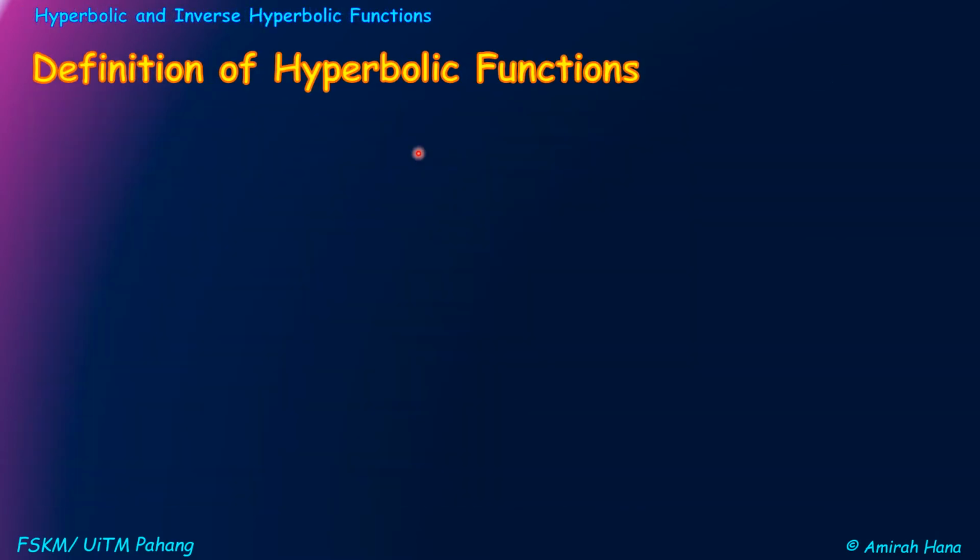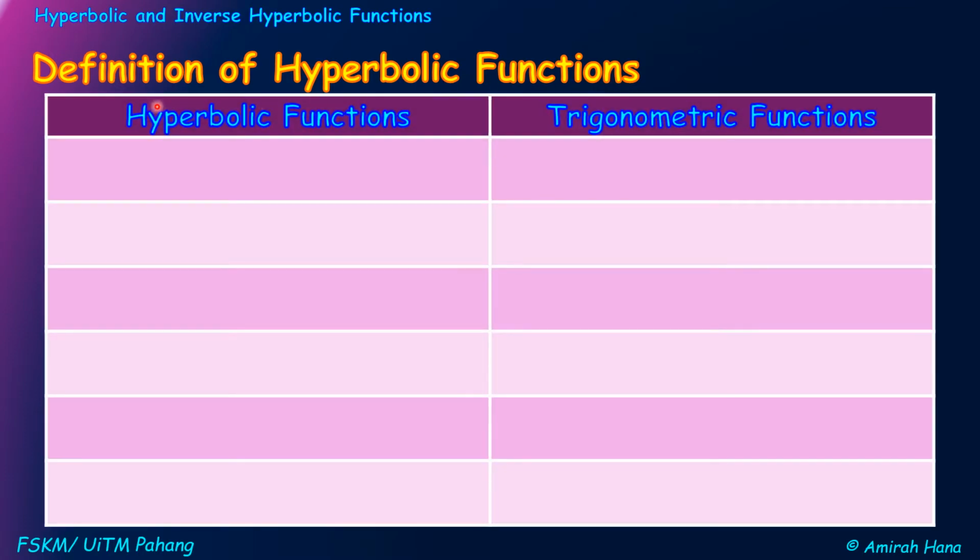Now we look at the definition of hyperbolic function. Before we discuss further about hyperbolic function, first we look at trigonometric functions. Trigonometric function is about right angle triangle. From right angle triangle, sin x equals A, which is opposite, over C, which is hypotenuse.